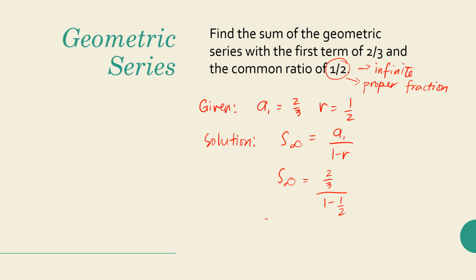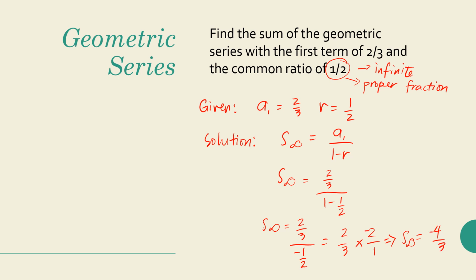So therefore, S infinite is equal to 2/3 divided by 1/2, or this will become 2/3 times 2 over 1. Then our sum is equivalent. So therefore, our sum of the infinite geometric series is 4 over 3.